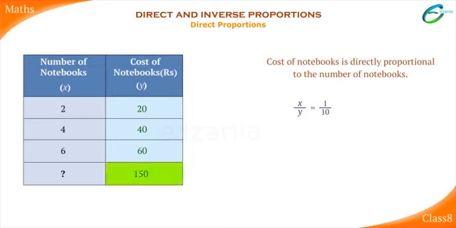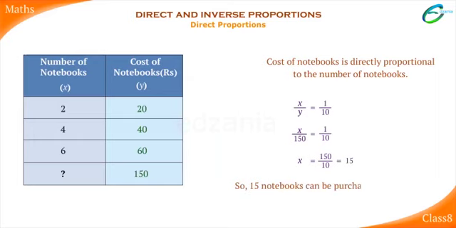Here we have Y is equal to 150 and we have to find X. So using the above relation, we get X over 150 is equal to 1 over 10. So we got X as 150 over 10, which is equal to 15. So 15 notebooks can be purchased for 150 rupees.